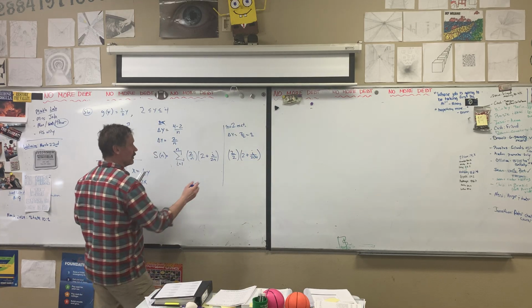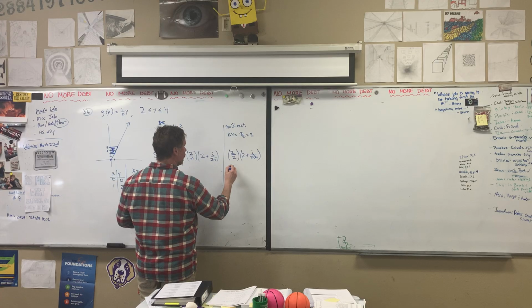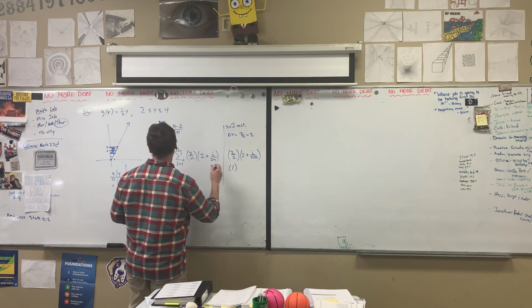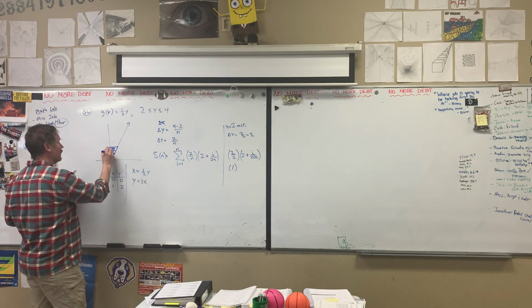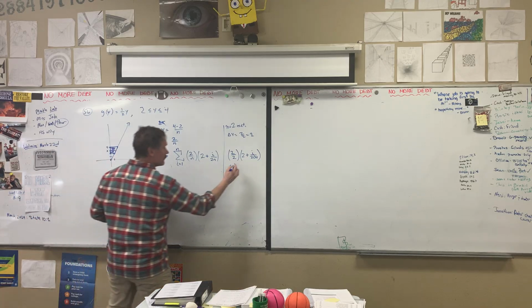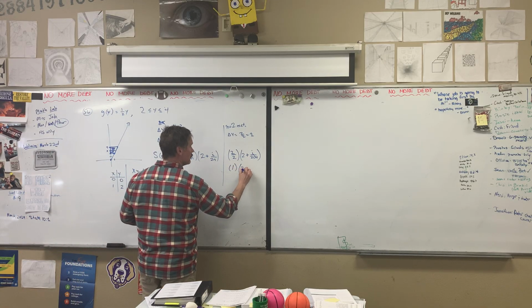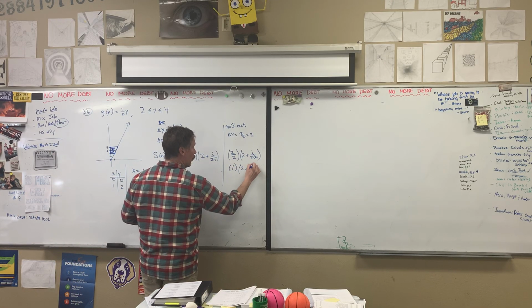So this would be 1. That's the delta y, so the width of the rectangle is 1 here and 1 here. And then times the height, so you're saying 2 plus I over 4.